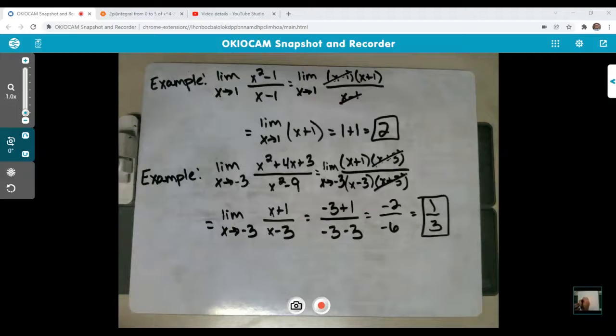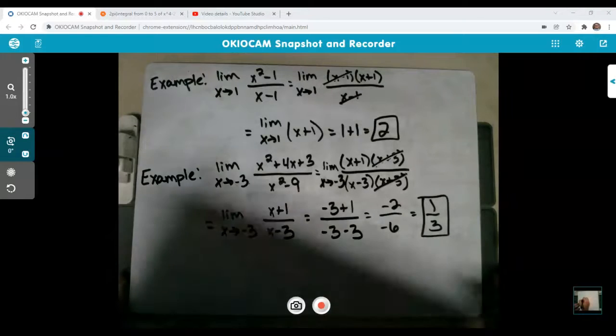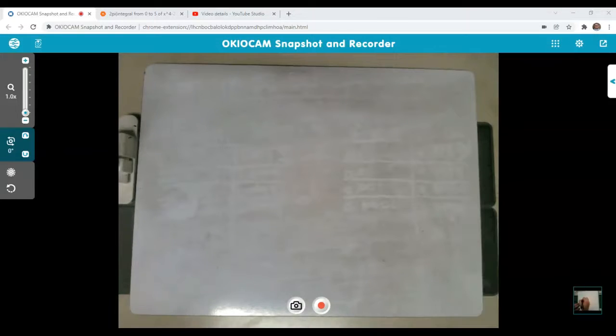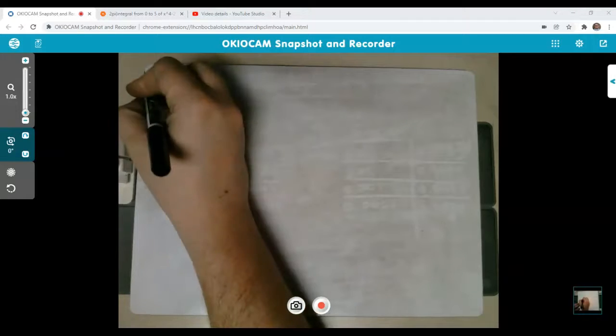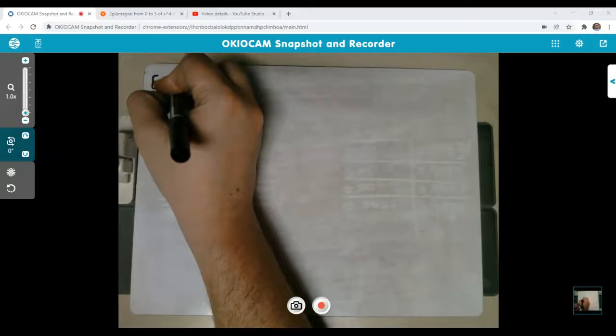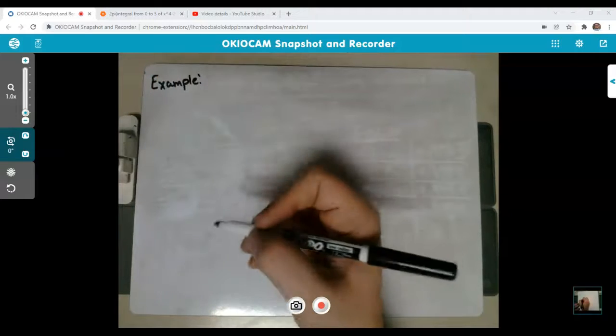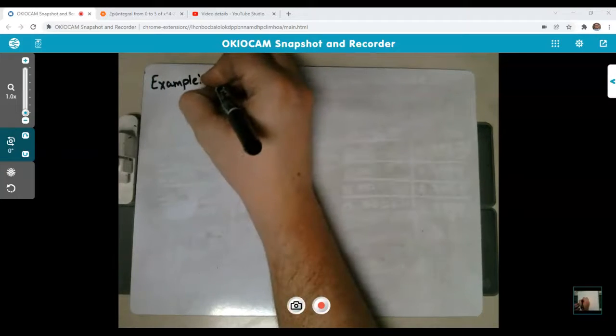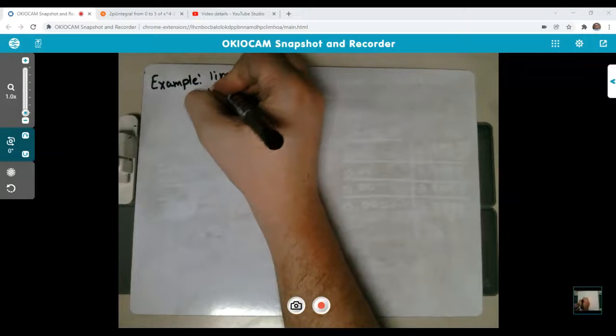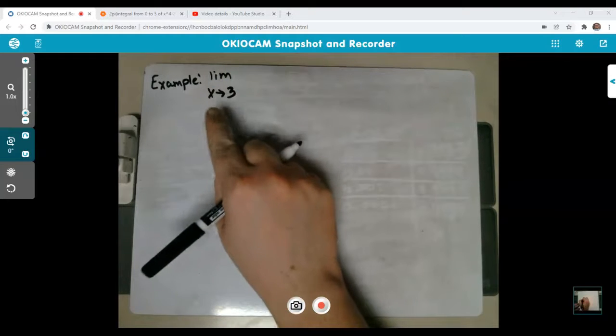Let's do some more examples. Let's do the limit as x approaches 3, and that time it really is 3.